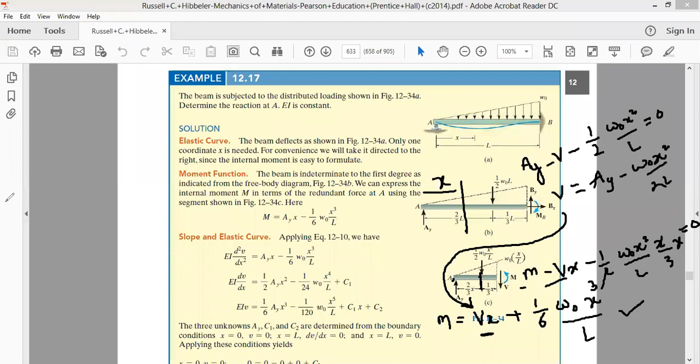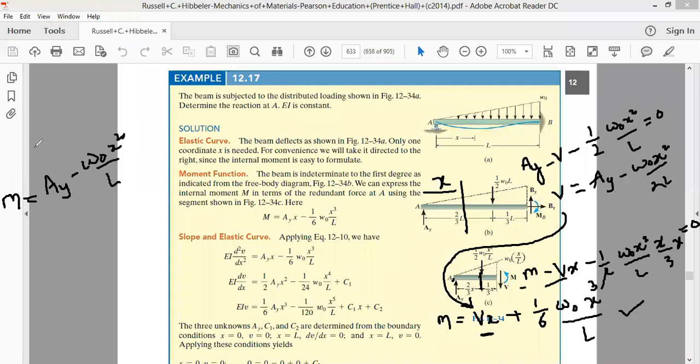So we'll get M is equal to V, that is Ay minus w naught x square by 12.